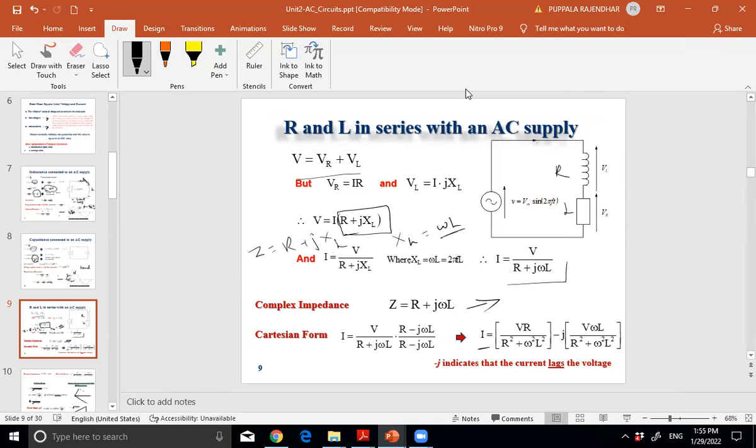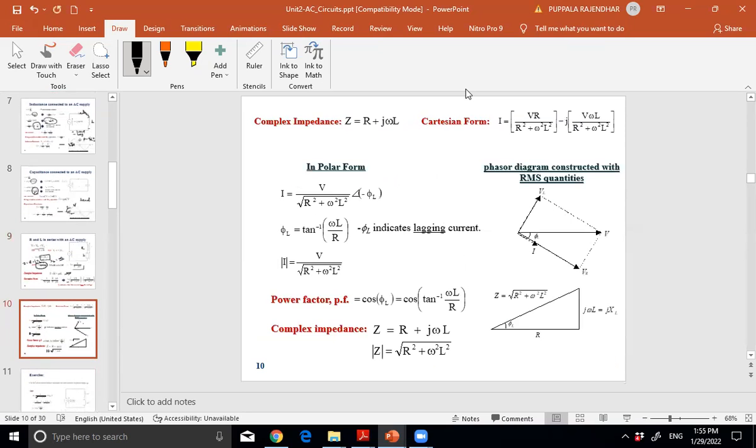So what is I here? I is equal to V by R plus jXL. Now this is the representation of AC quantities. In polar form, we can represent an AC quantity, and it will have some magnitude and an angle.